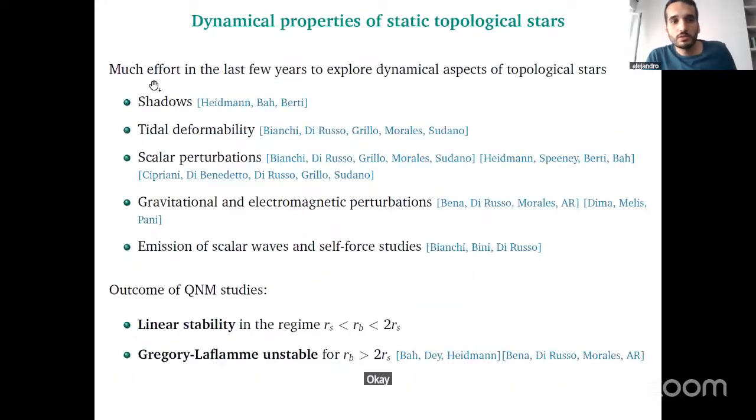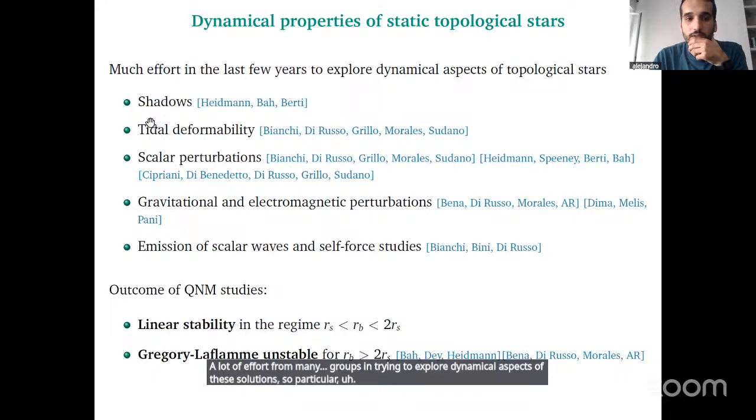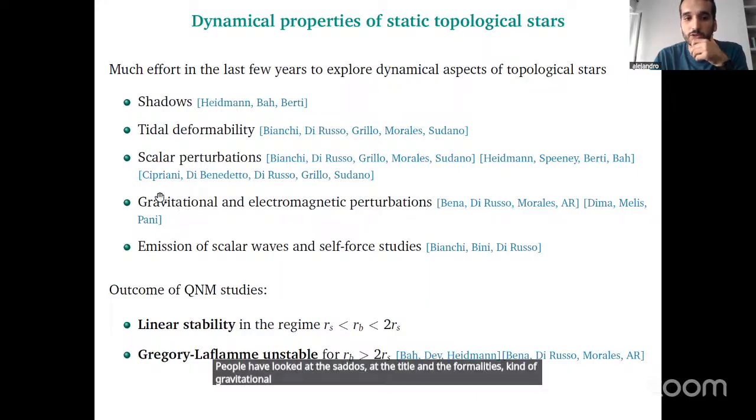Okay, so in the last years, there has been a lot of effort from many groups in trying to explore dynamical aspects of these solutions. In particular, people have looked at the shadows, the tidal deformability, scalar, gravitational, and electromagnetic perturbations.